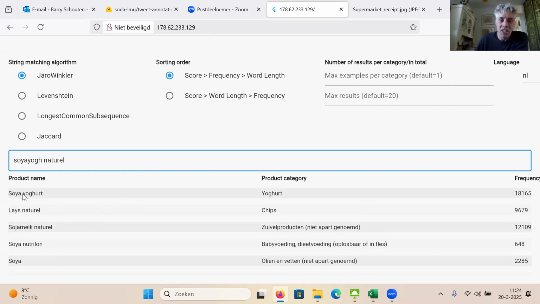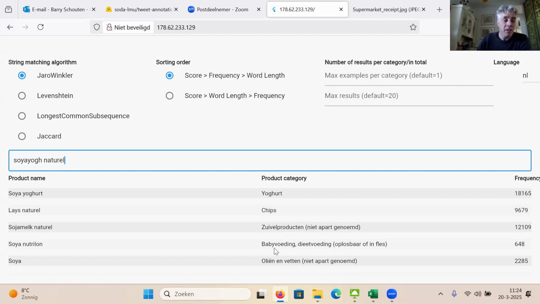The interesting part about this website is that it has train data that is already linked to a product category. And the product categories are actually the COICOP. So COICOP yogurt is actually on the lowest 5-digit level. Lay's Naturel is chips. It's a very different COICOP category, and so on and so on.